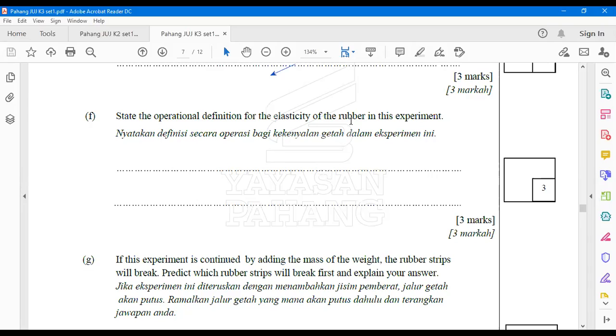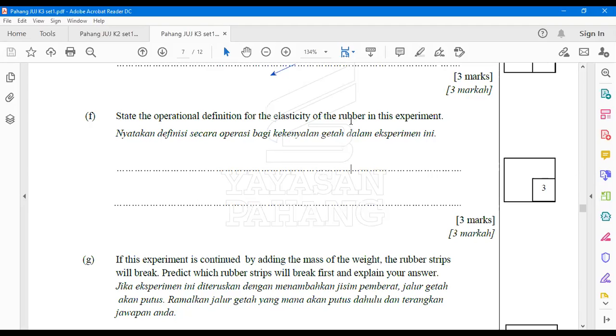The natural rubber extends more, but the vulcanized rubber does not change or does not extend at all. Now I repeat, what you observe is the length of the natural rubber increases after the weight is removed, but the length of the vulcanized rubber does not change after the weight is removed.